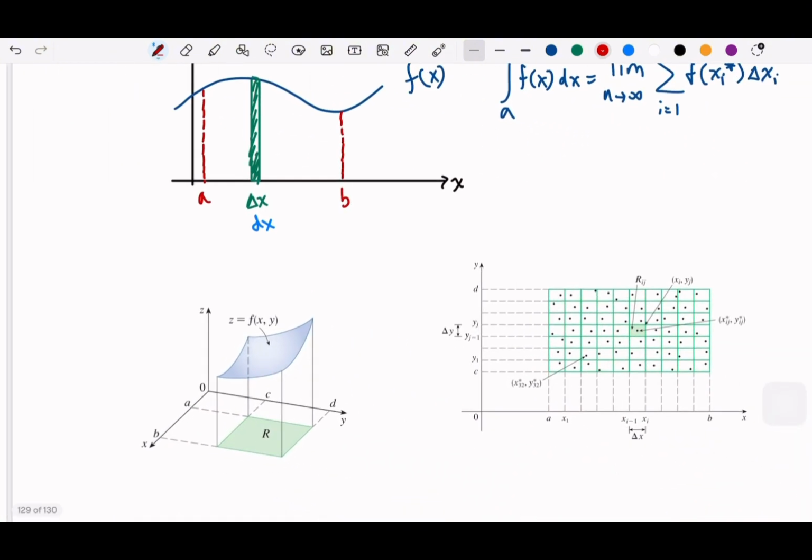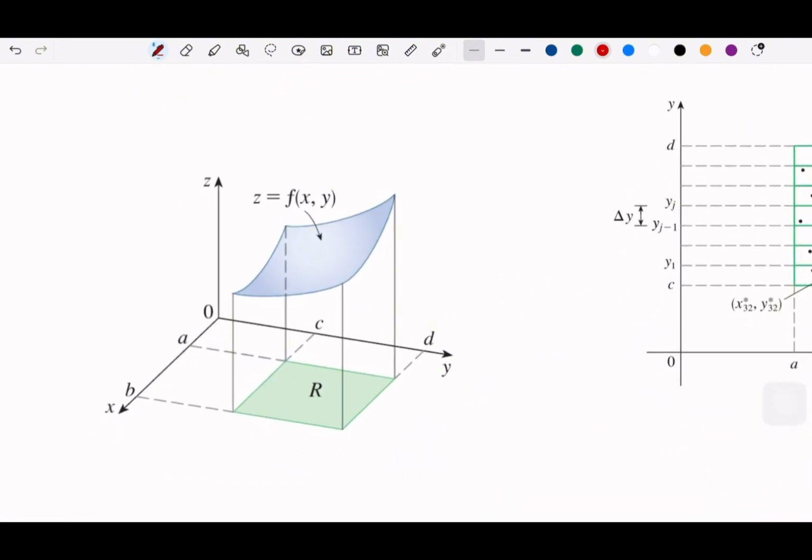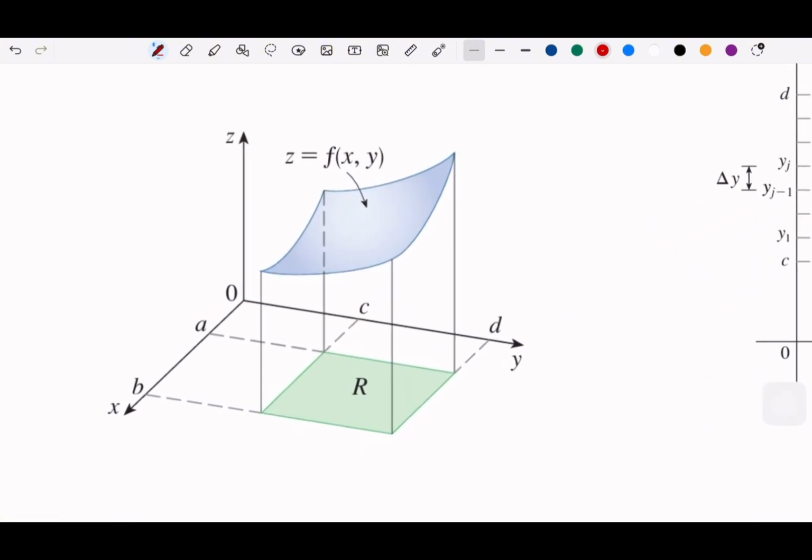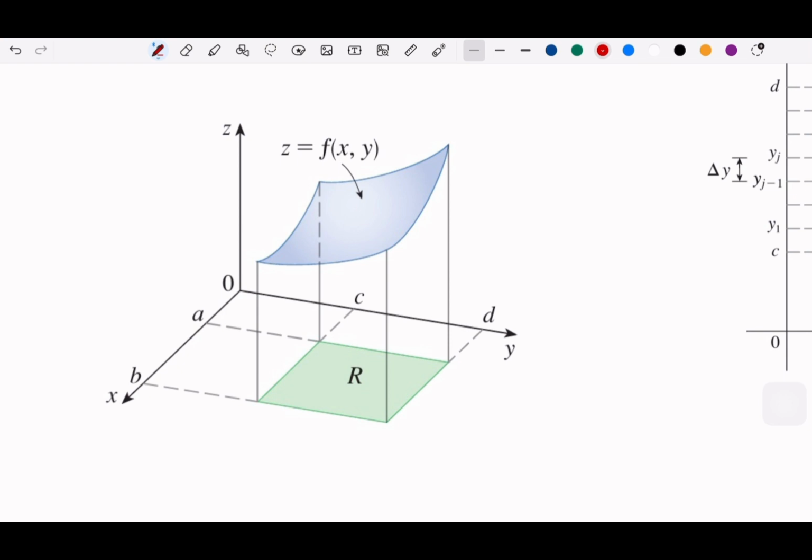Which we sometimes visually draw like this, okay? Which means that, in a sense, if you see what we are actually getting, it's not the area, but actually a sort of volume.